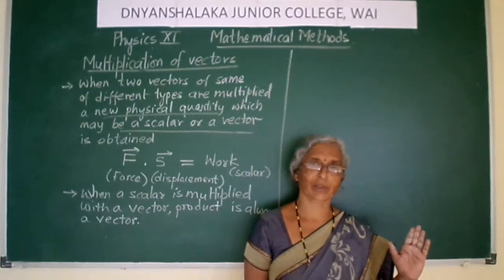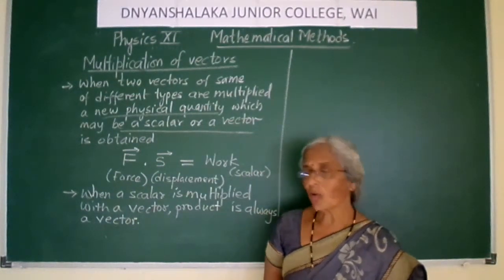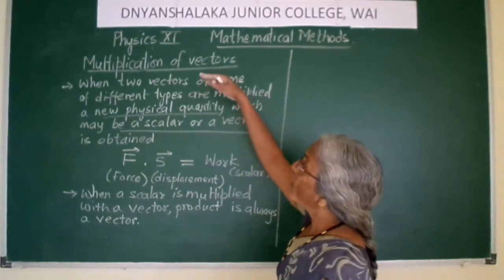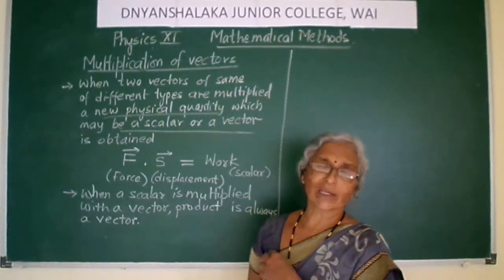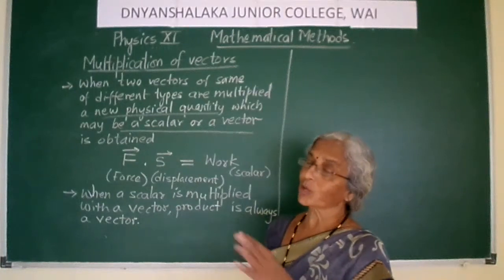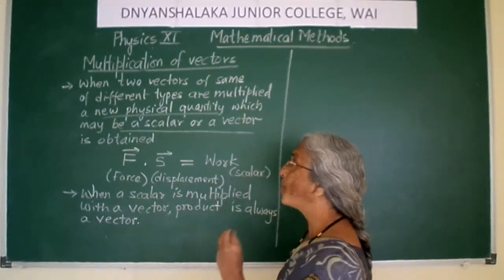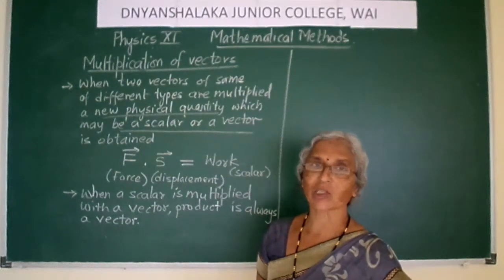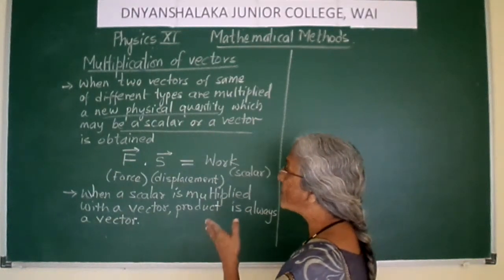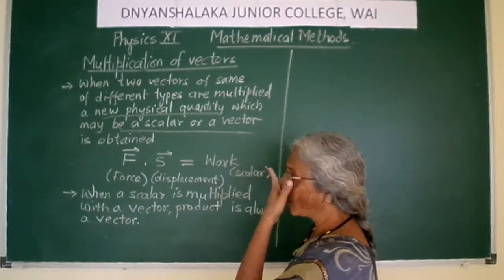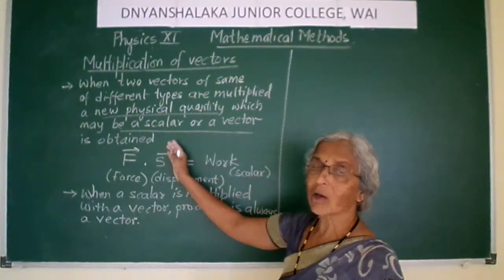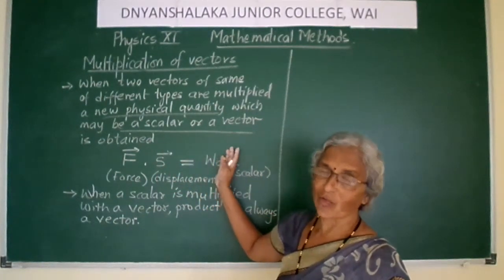Okay, so when we go for multiplication of vectors, we are going to study two types of products of vector multiplication. Why? Because when vectors are multiplied, you can get a scalar or you can get a vector.